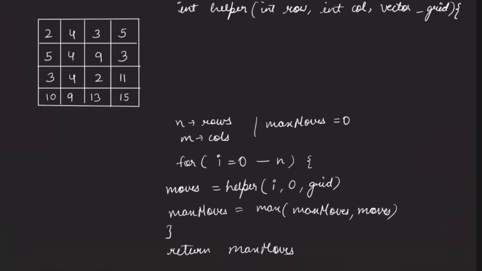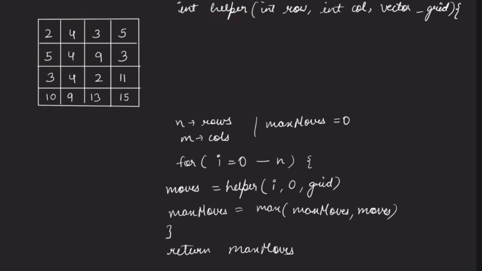Now inside this, you need to find out that if I am at this particular cell, then out of these three, whichever is strictly greater than this particular number, for all of them I need to find out the maximum moves, right? So you will call this helper function whenever any of these values is greater than this, right?